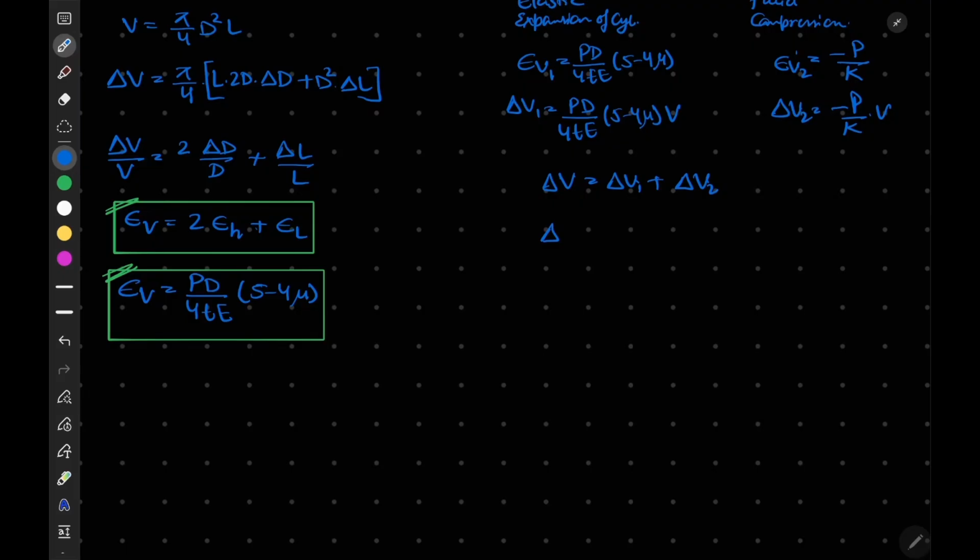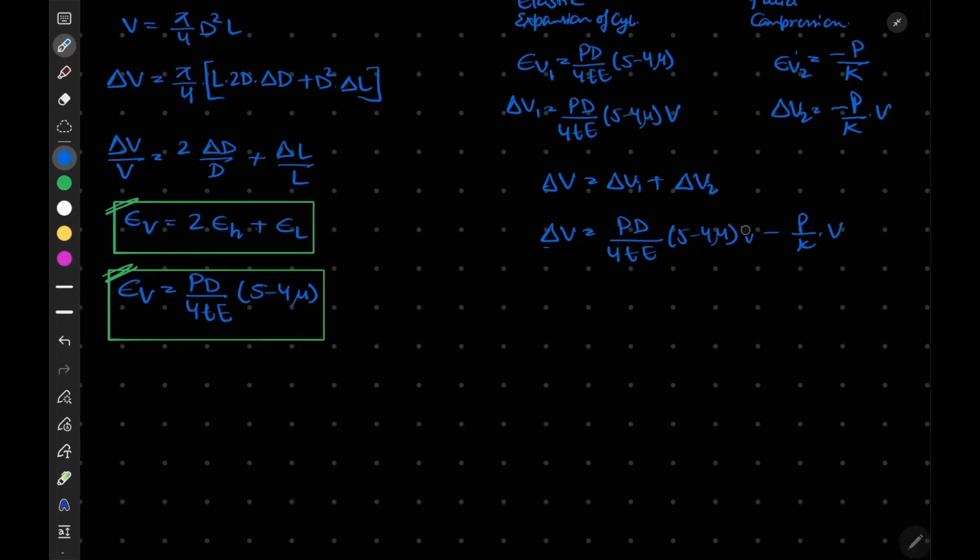From here I can write delta V is equal to PD by 4TE into 5 minus 4 mu times of V minus P by K times of V.